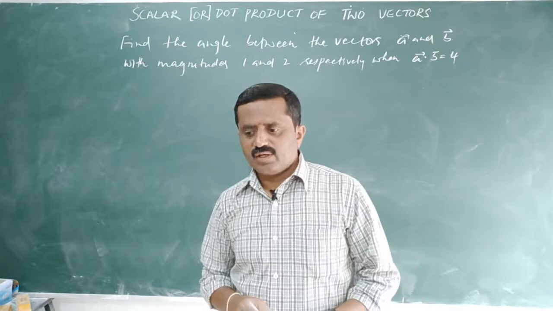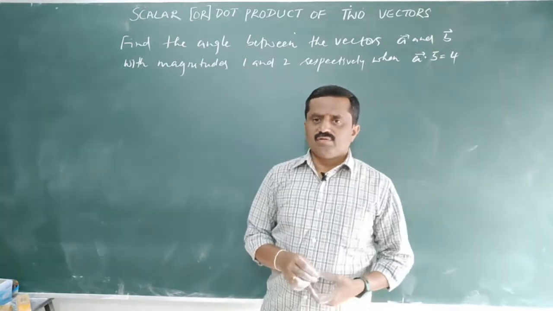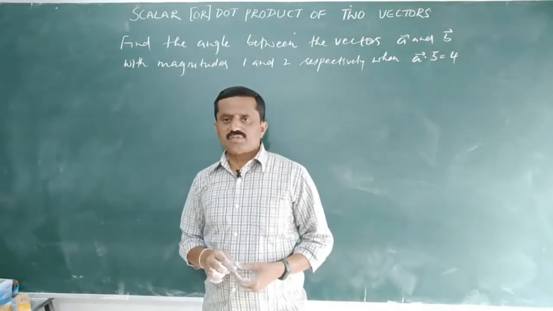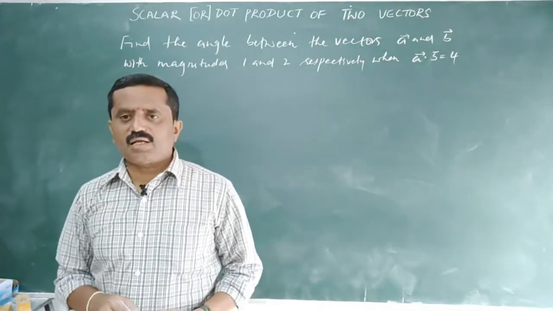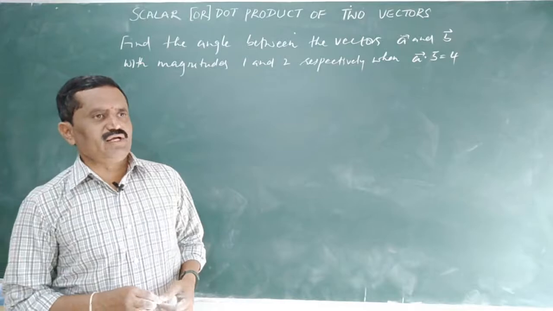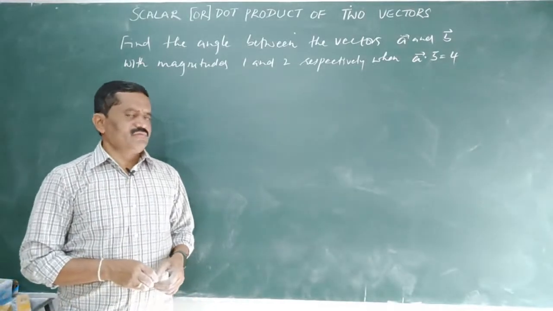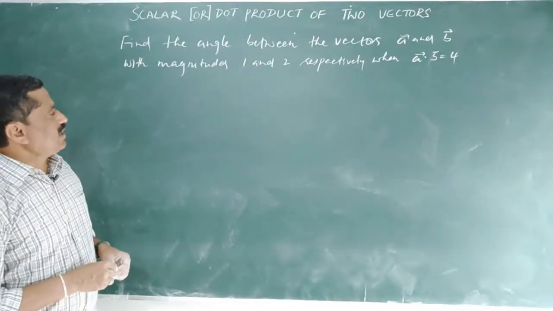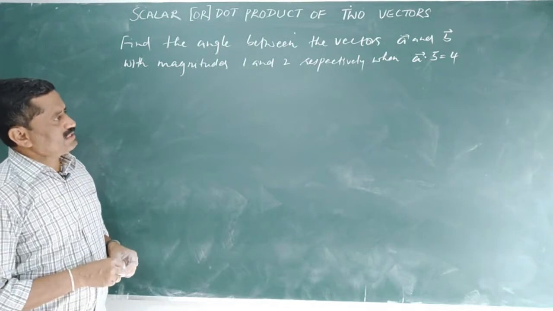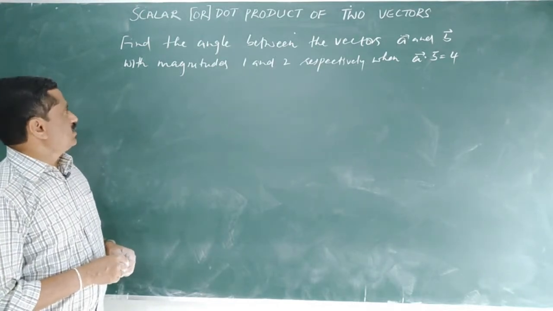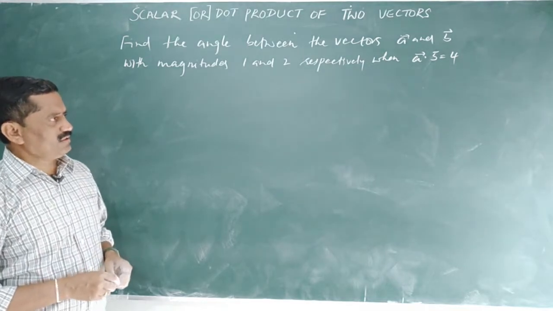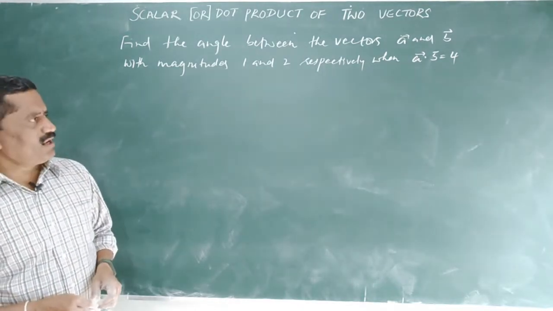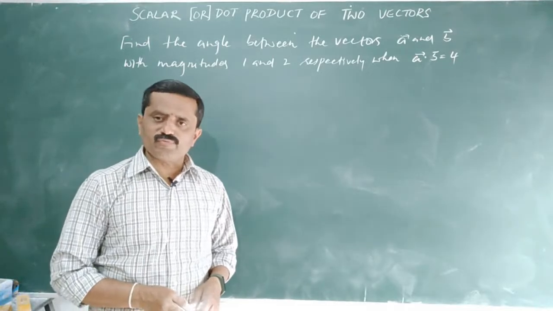In this session, we will solve some problems based on the dot product or scalar product of two vectors. Here we have: find the angle between the vectors a bar and b bar with magnitudes 1 and 2 respectively when a bar dot b bar is equal to 4.